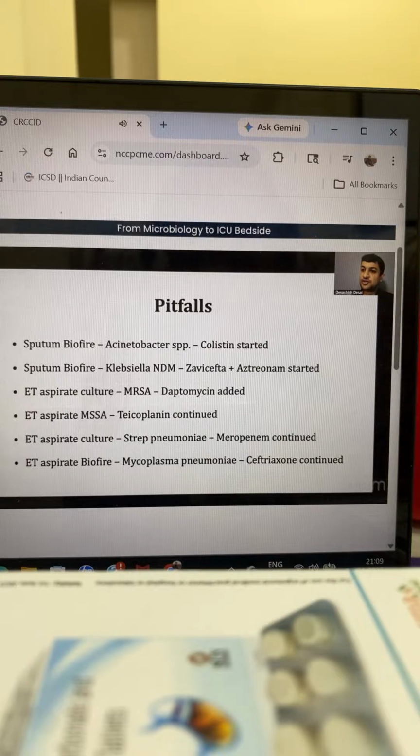a diabetic foot with an abscess because of MRSA. Lots of people have this instance.